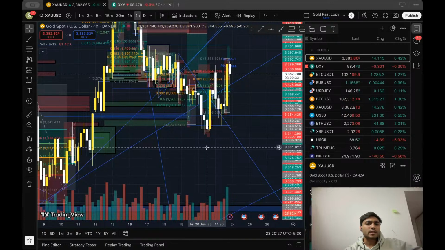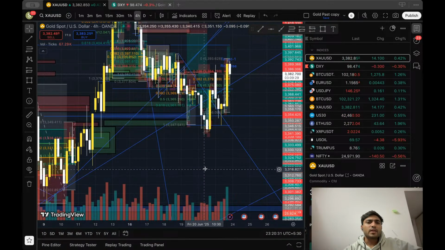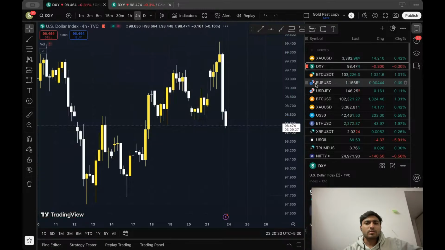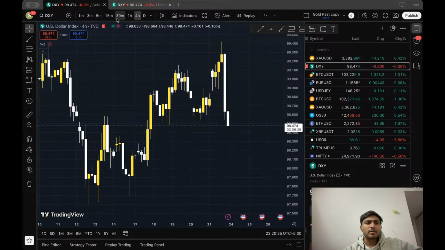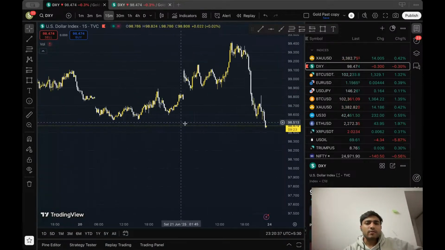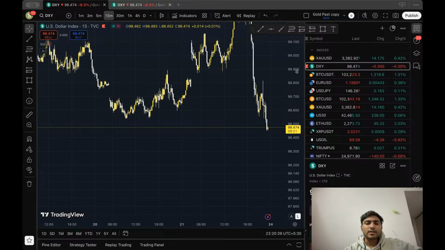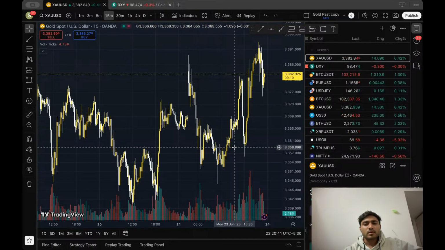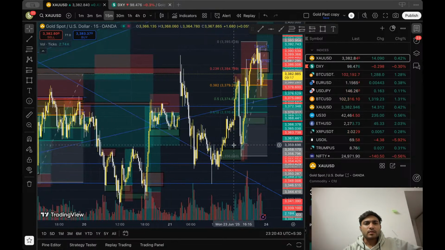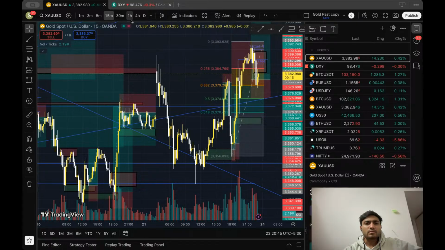Gold is following market structure and it's good with that. So let's probably take market structure trades. If you find any market structure trades, even scalps, please take them. It's probably fine to take those.